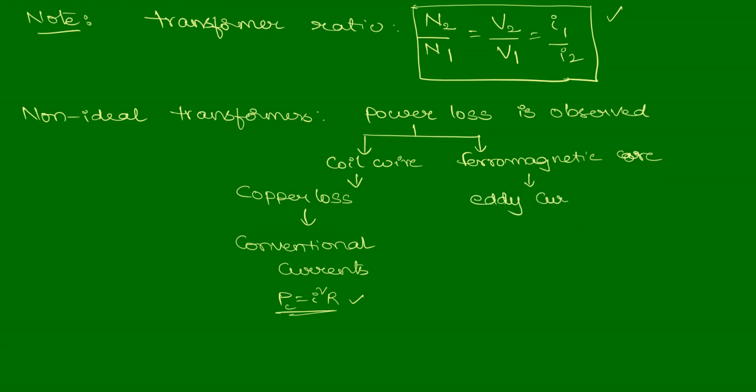Generally that ferromagnetic material is iron, so this eddy current loss we'll call iron loss. We cannot eliminate these losses, but we can reduce the ferromagnetic core loss by using a laminated core. By laminating the core, we can reduce iron loss.